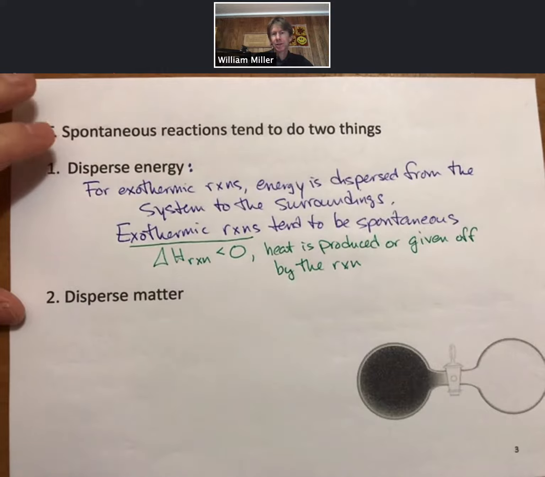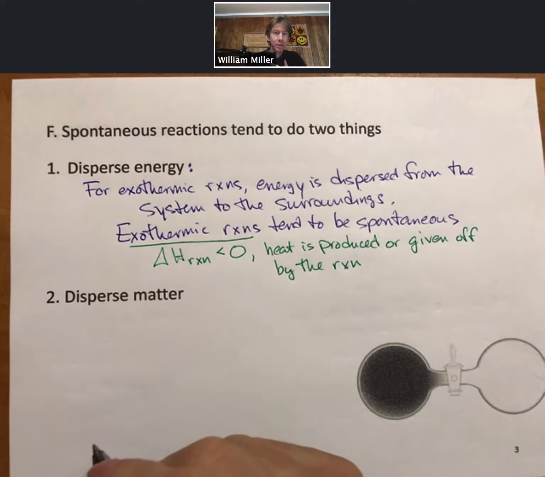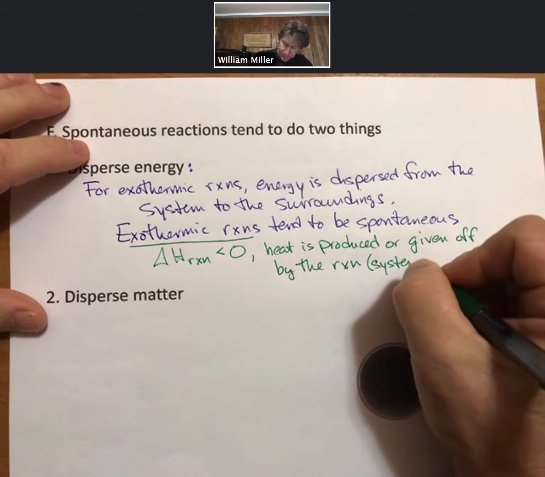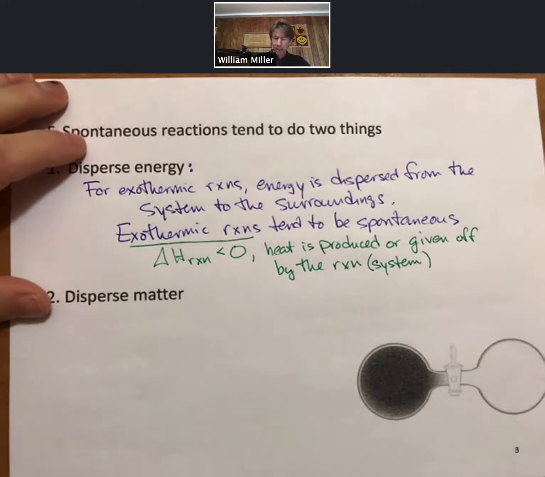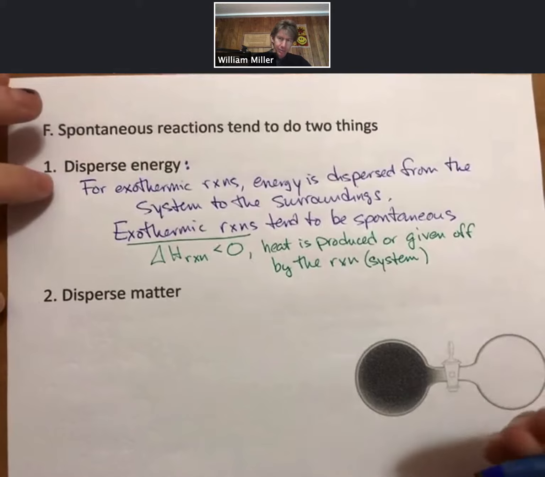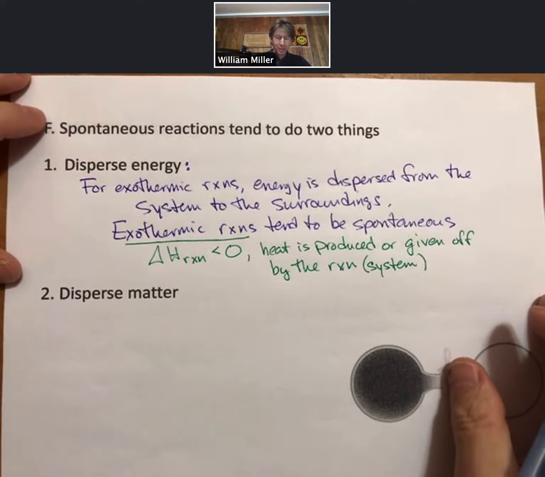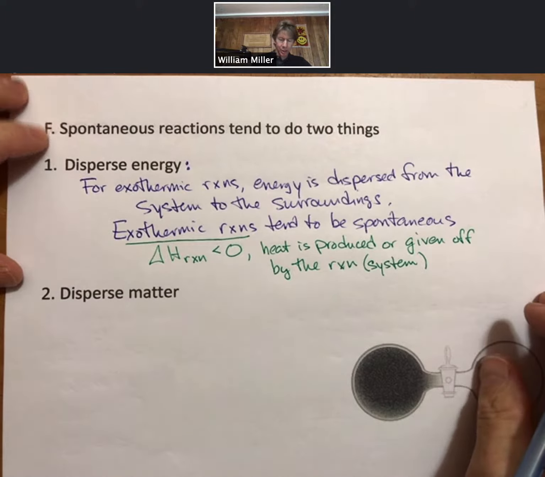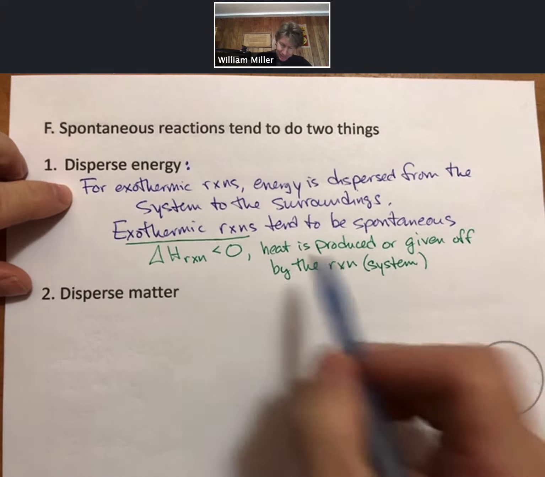And the reaction, and everything we do in this course, is the system. But that's not the be-all, end-all of spontaneity. That's going to be the change in free energy. This is just a tendency.